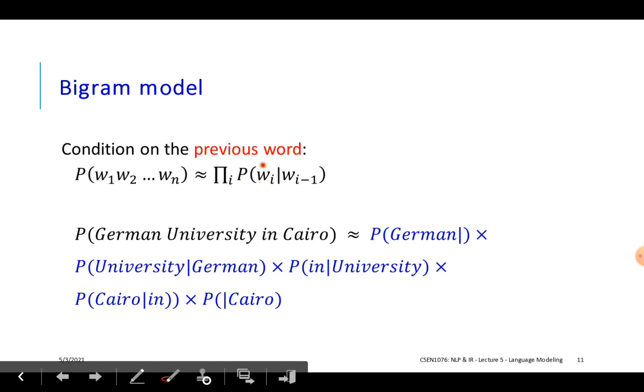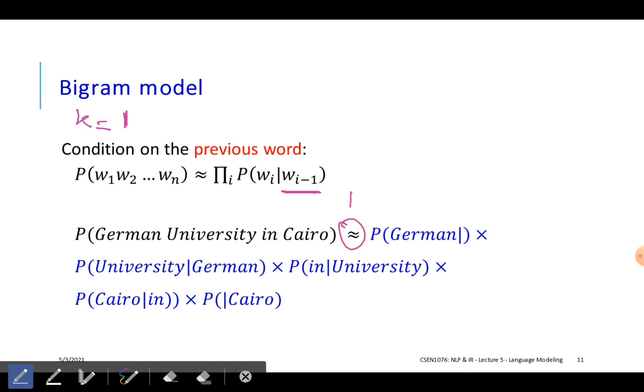So you compute the conditional probability of a word based only on the preceding word. Here, k is equal to 1. That means you have only one preceding word that you can actually use. So the probability of German University in Cairo is going to be roughly, and let's not forget that this is an approximation, not the exact probability: the probability of German given nothing, since here it's the start of a sentence.